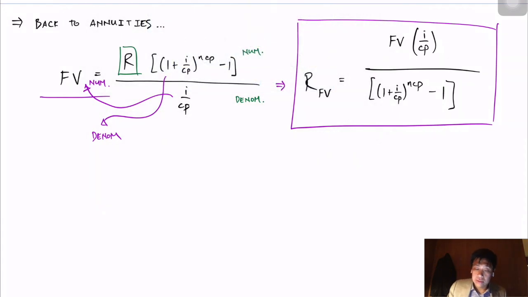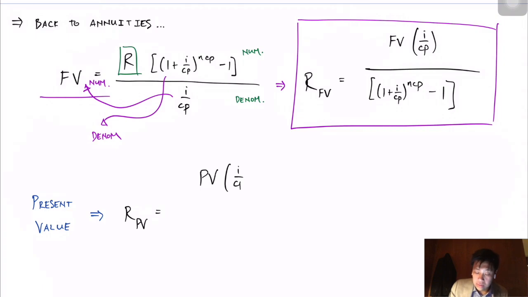And it turns out, with the same algebra, the present value, which I'm going to write down here, present value, reworking that formula in the same exact manner, we get R of PV equals the present value, I over CP.